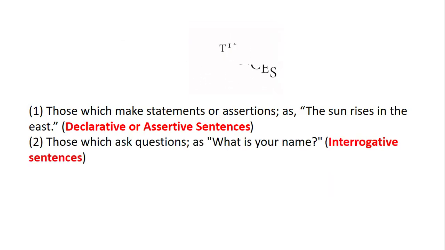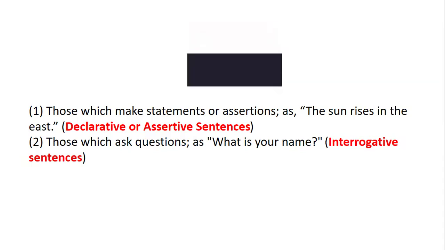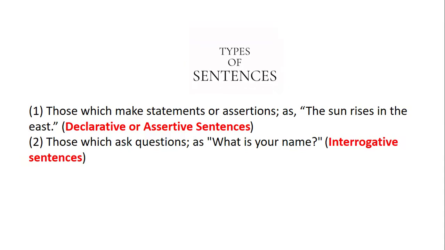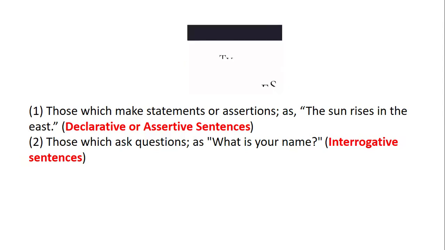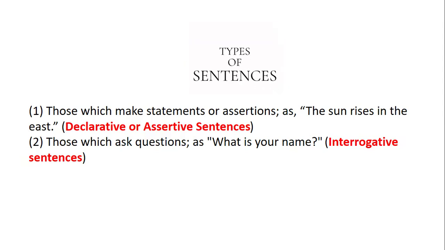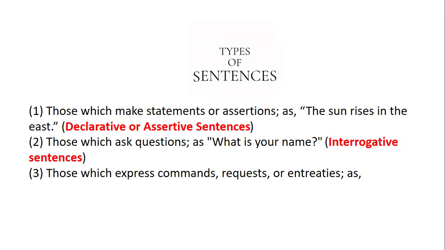Next are those which are asked in the form of a question. What is your name? An interrogation is done. You can see, what does the police do? It does an interrogation. It asks a lot of questions. So whenever a question mark is there in a sentence, those type of sentences are called interrogative sentences. Then those which express commands, requests, entreaties, right?